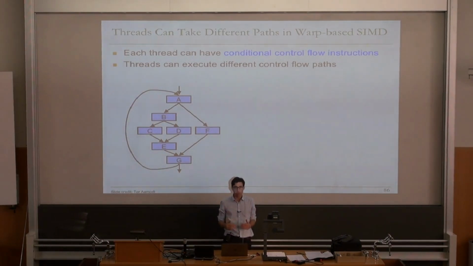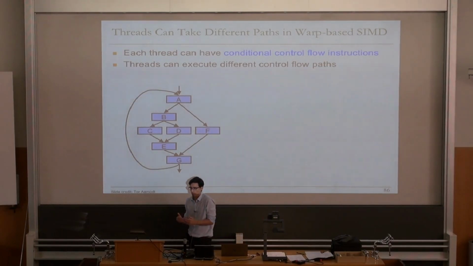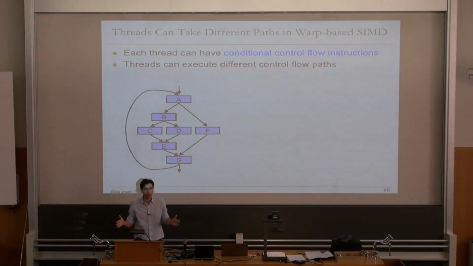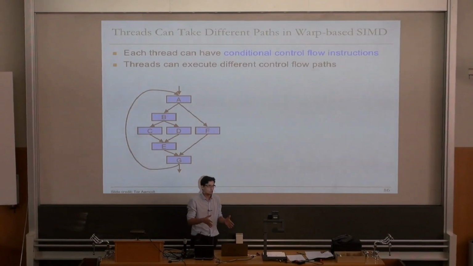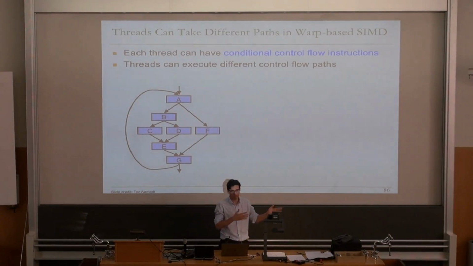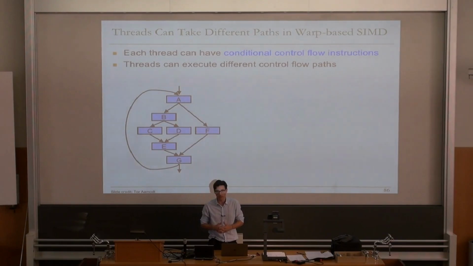The truth is that if we really want to get the maximum efficiency from the GPU, we should try to have those threads that we know will be in the same warp doing the same thing, right? But sometimes, because maybe we are not very good programmers, or because our program or application is so irregular that it's impossible to do, we will need to use control flow instructions.